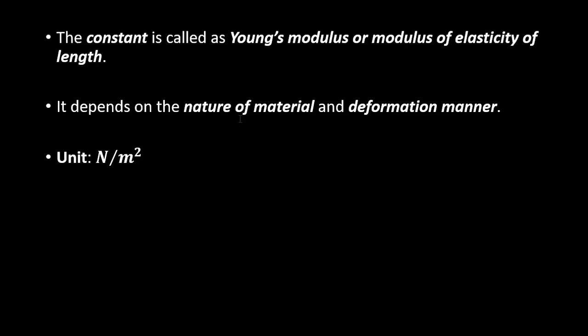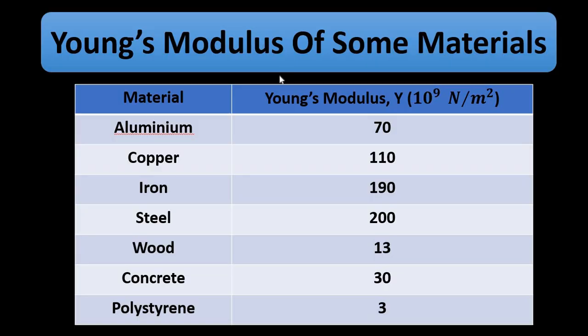It depends on the nature of the material, the chemistry of the material, the chemical composition of the material, and the manner of its deformation. So here are some Young's modulus values for some commonly used materials. Here the Young's modulus is expressed in terms of 10 to the power 9 Newton per meter square.